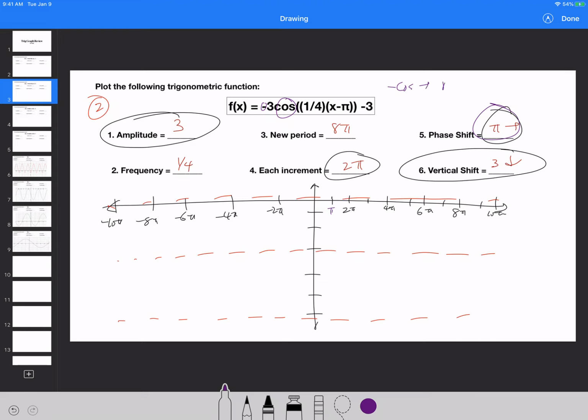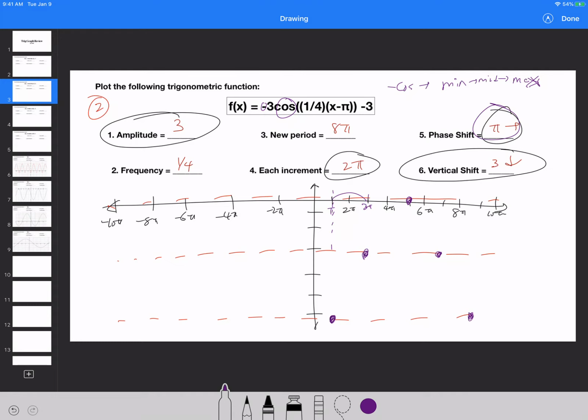Negative cosine means that I start at min, then I go to mid, and then I go to maximum. So at pi, I'm going to start at the minimum. But then the next point happens at 3 pi, so that's at middle, 5 pi, 7 pi, and then 9 pi. That would be my first half of the wave.